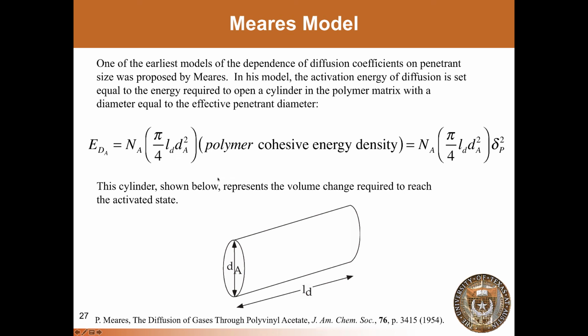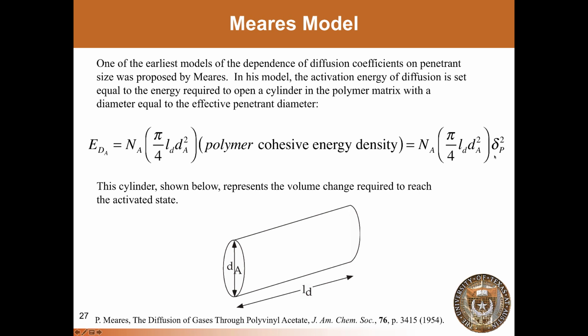And Mears reasoned that in order to create a volume of this size, that is pi over 4 L sub d times d sub a squared, it required overcoming the cohesive interactions between the polymer chains, which were characterized by the polymer cohesive energy density. This is what we've seen earlier when we talked about solubility of polymers in solvents.